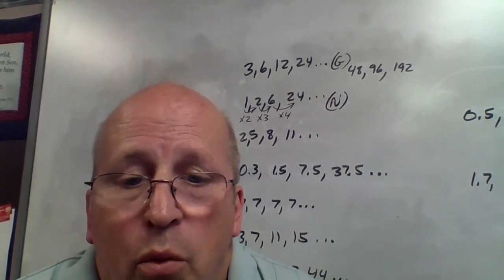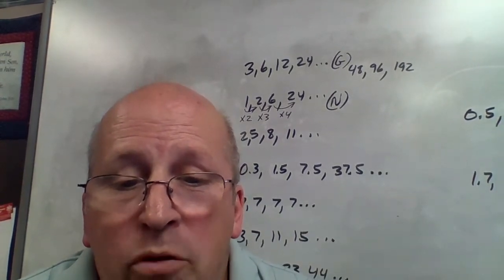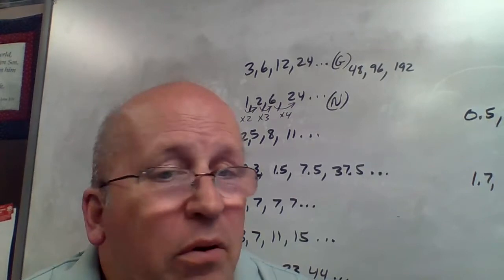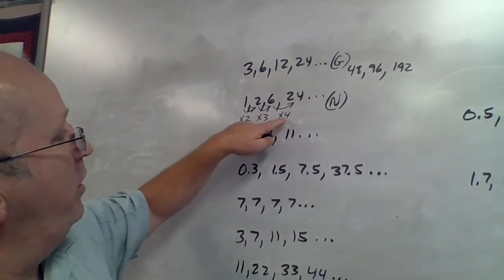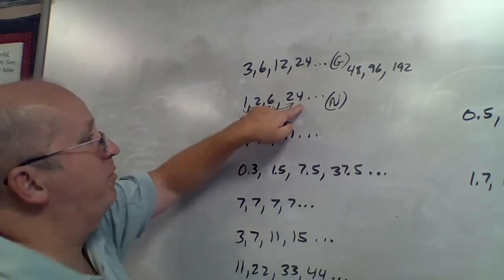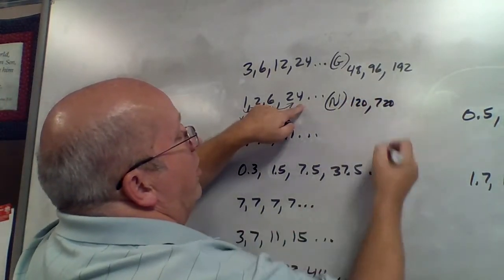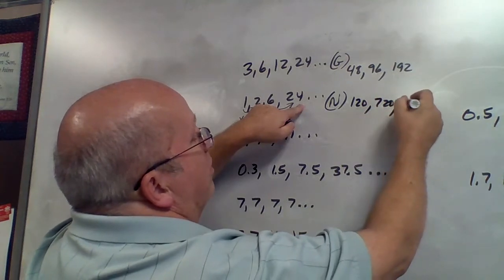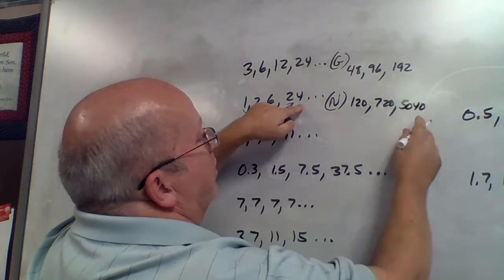When you do an arithmetic or a geometric pattern, you're always either adding or multiplying by the exact same number, and we're not doing that here. Well, multiply by 2, 3, 4, so the next number would be times 5, and then times 6, and then times 7. Oh, that'd be 50, 40, I think.